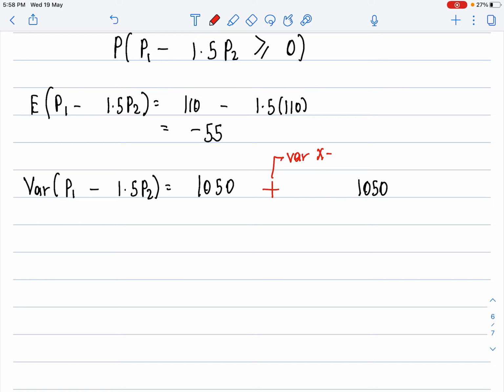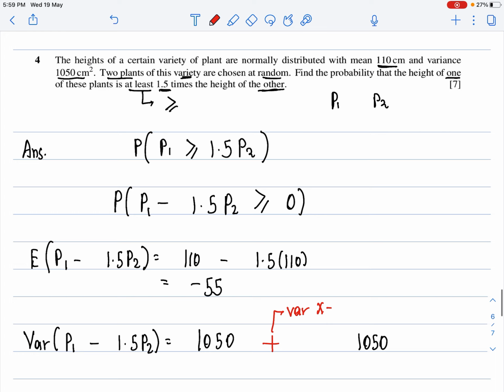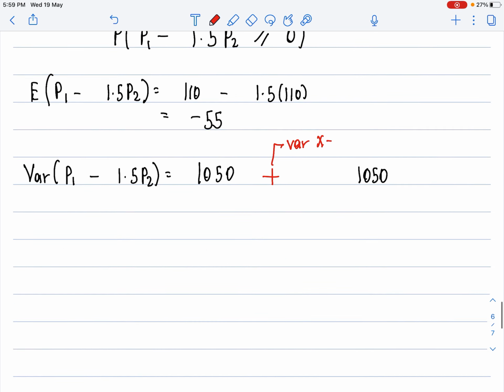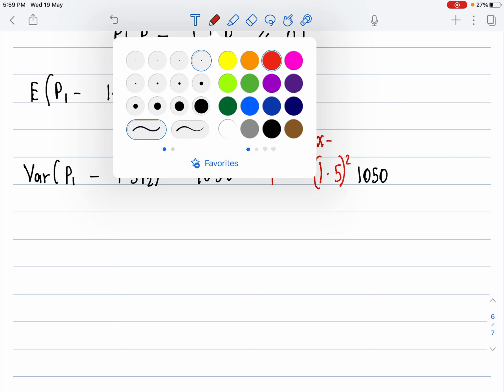Now here they are stating that this is 1.5 times. Times suggests it's a multiple, so that suggests that this is 1.5 square. This is what we do when we have multiples. Basic concept.